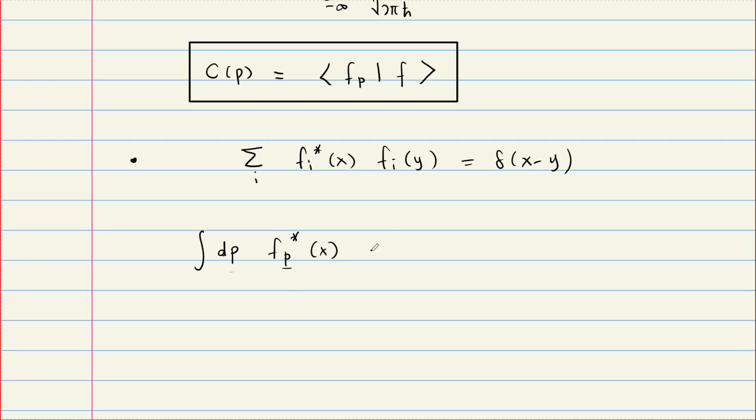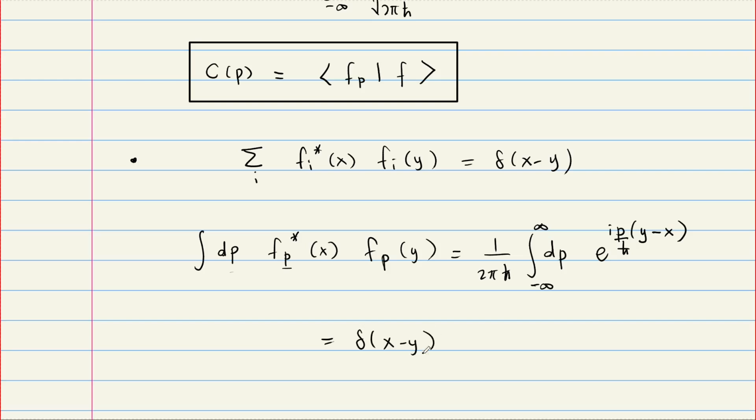So this is 1/(2πħ) ∫dp e^{(i/ħ)p(y−x)}. Now y comes with plus, x comes with minus, and there's 1 over ħ, and this is exactly the same Dirac identity, right? And this is immediately delta(x−y) as before.